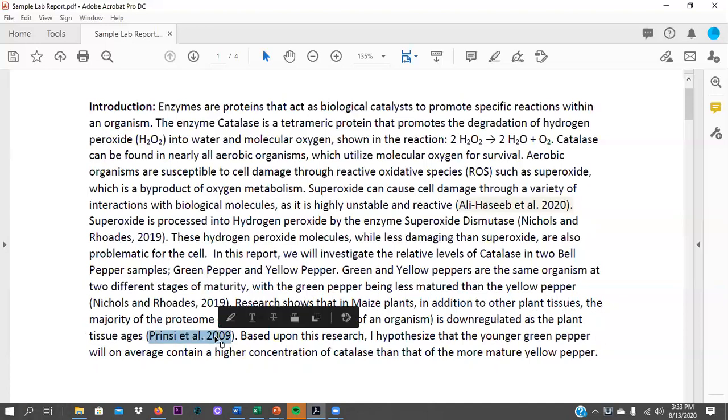And I've cited that source. Based upon this research, I hypothesize that younger green peppers will on average contain a higher concentration of catalase than the more mature yellow pepper. So I've clearly stated my hypothesis, why I believe this hypothesis, and I've given support to it.